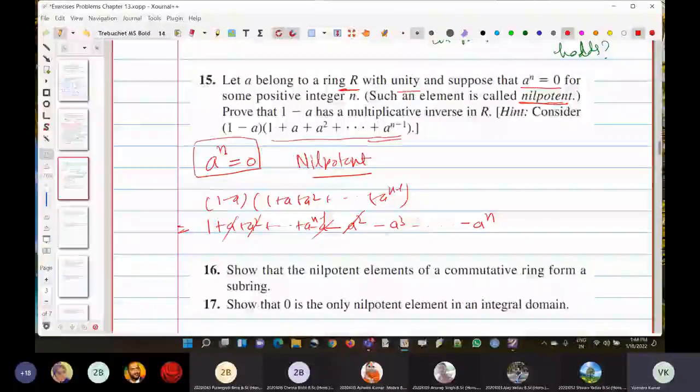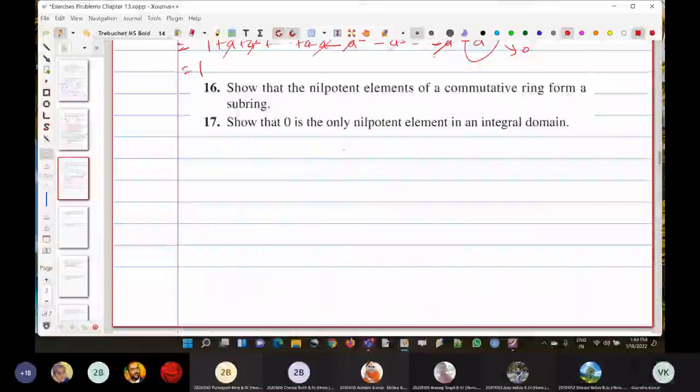So this will get cancelled. Everything will get cancelled up to a to the power n minus 1. And 1 remains, and minus a to the power n remains. This is 0, na? Because this is nilpotent. So we are left with 1. So it means that this is the multiplicative inverse of 1 minus a.